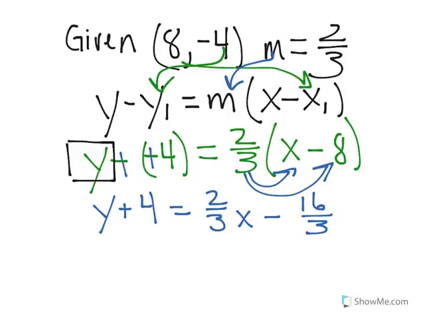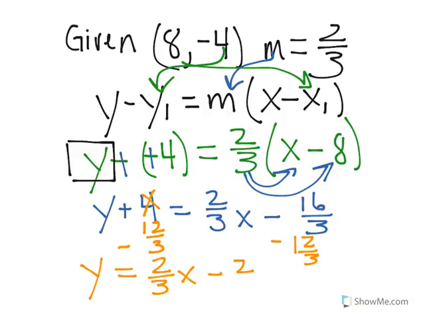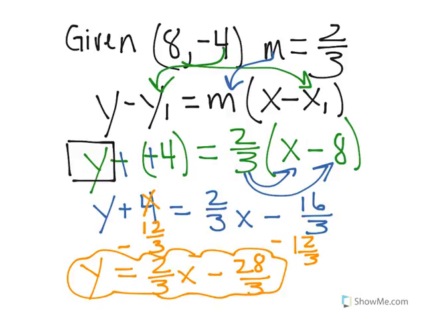Another way to think about 4 is to say 12/3. So we're going to subtract 12/3 from both sides, and we get the new equation y is equal to 2/3 x minus 28/3. And that's our equation in slope-intercept form.